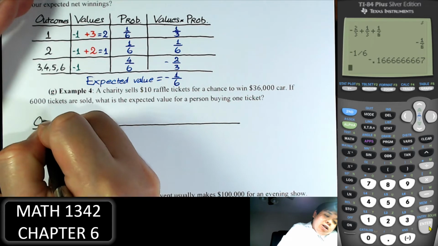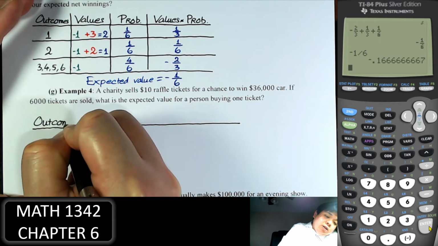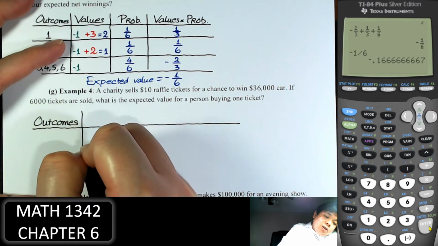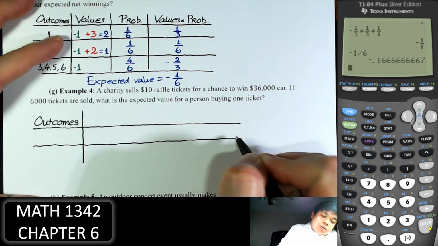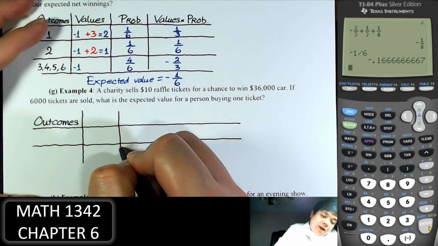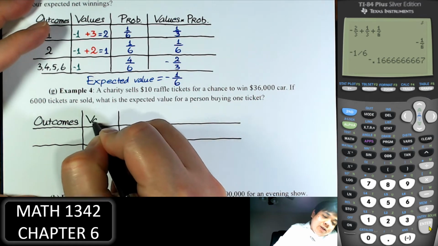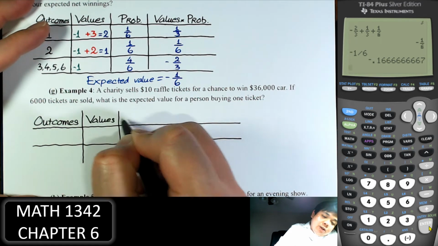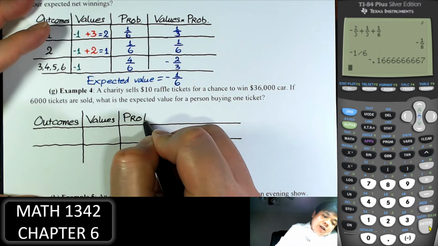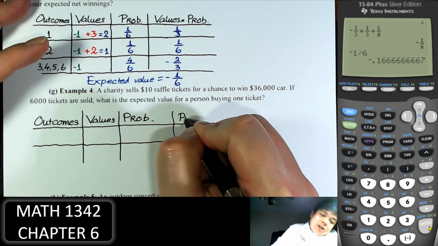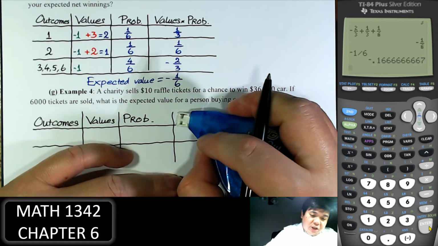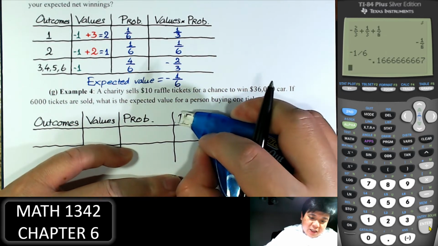So first one is the outcomes. And then the values, the probability, and then the product. I should say values times probability.